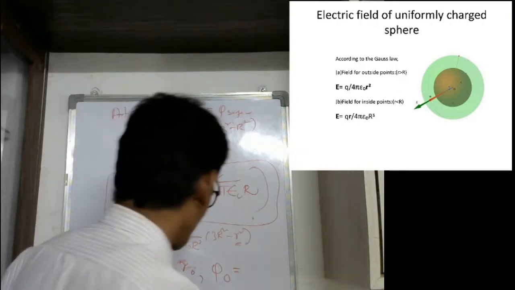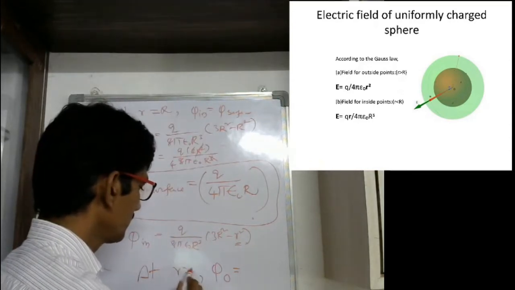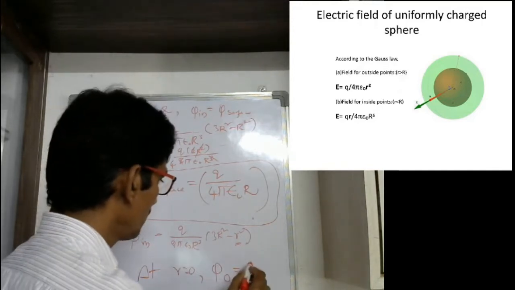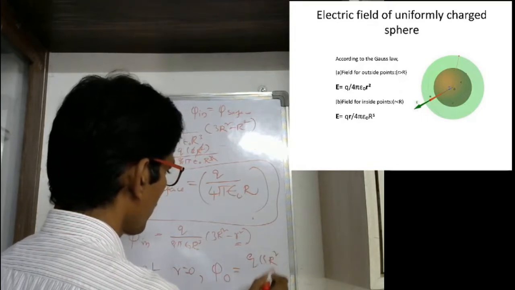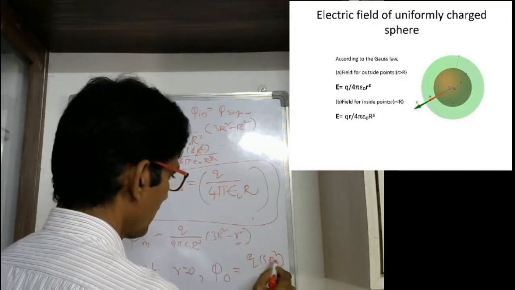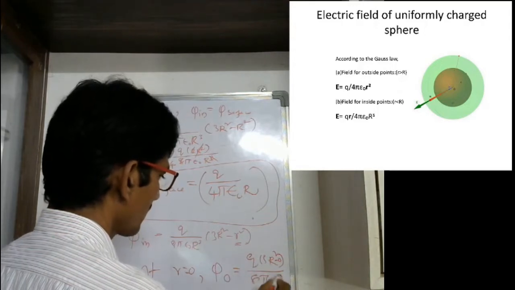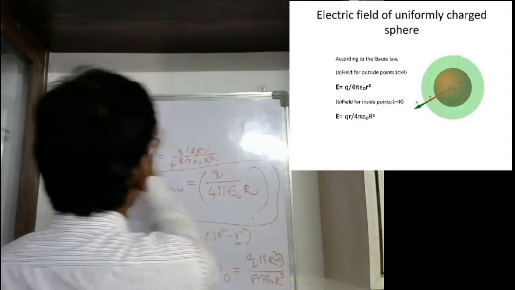At r is equal to 0, you reach the center, potential in the center is now q into 3r square minus 0 by 8 pi epsilon naught r cube.